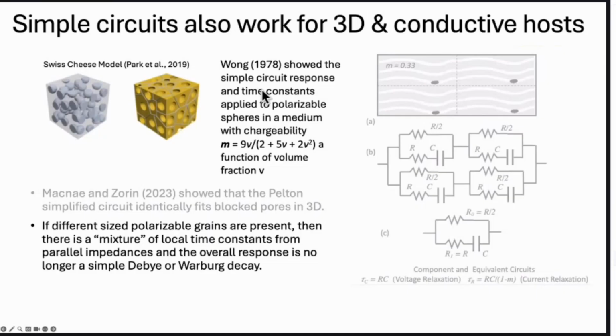So simple circuits also work for things like 3D conductive spheres. In that case, chargeability is given by the volume fraction, approximately 9 times the volume fraction upon 2. And if you have different size polarizable grains, you get a mixture of local time constants.